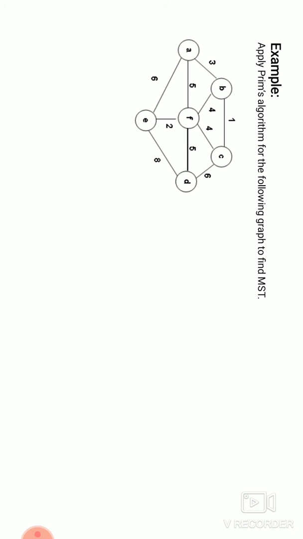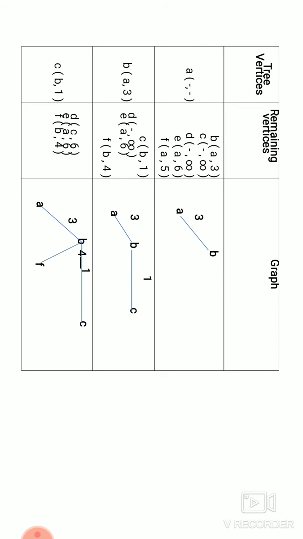So with the help of A and B, I can only visit 3 vertices, that is C, F, E. So I write it here. C, from B I can reach and the distance is 1. From A I can reach E with the distance 6, and from B I can reach F with the distance 4. You can notice here F could be reached from A with a distance 5.